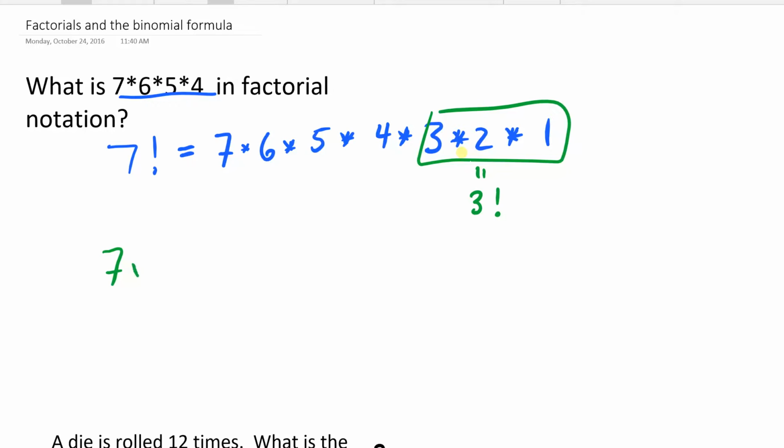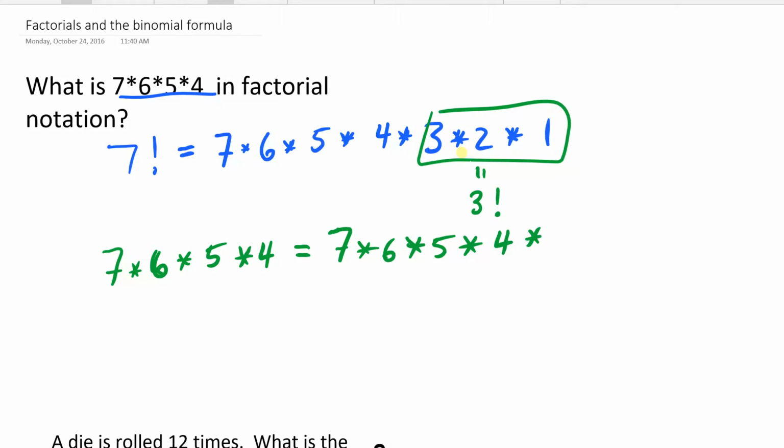Then 7 times 6 times 5 times 4 is 7 times 6 times 5 times 4 times 1, which we can write as 3 factorial over 3 factorial.